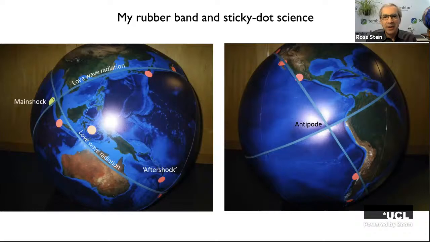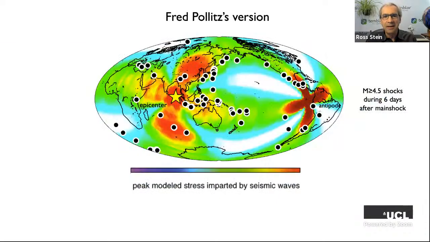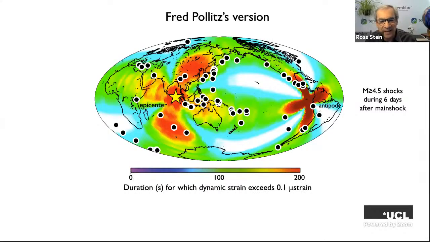And Fred went back to his office and he did this. So this is a spherical harmonic dynamic model that he built. And it's the peak dynamic stress. And he's done this in a very clever way. He's not looking at the maximum stress, which obviously is higher, closer to the main shock, the star.